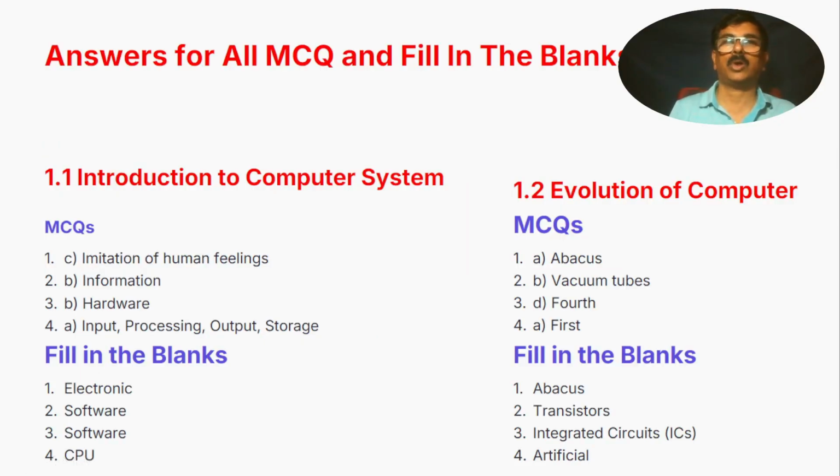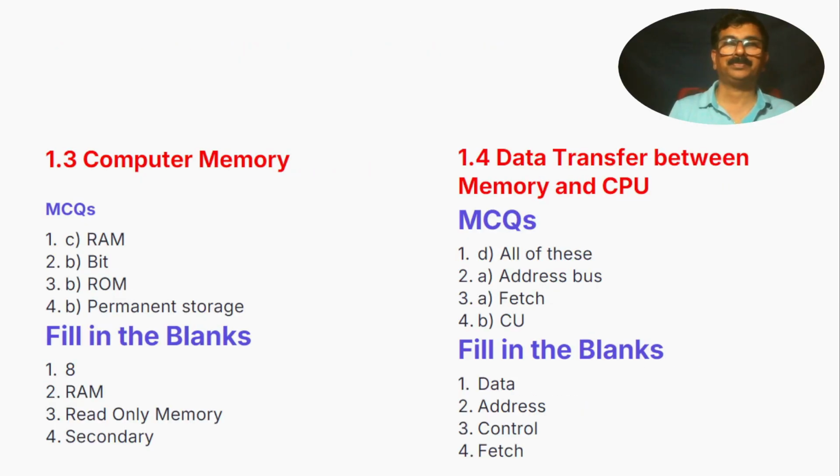You can see answers for all MCQs and fill in the blanks. The answers for 1.1 and 1.2 are given. You can refer to them, but first try to solve the questions and then check the answers. Then 1.3 computer memory and data transfer between memory and CPU: MCQs and fill in the blanks, all answers are here.